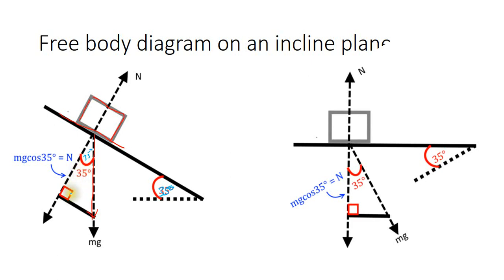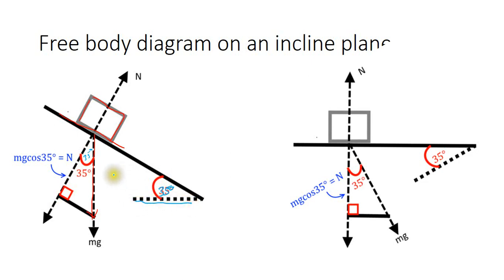What we want to tell you is that the angle formed between the weight and the vertical component of the weight is going to be the same angle that is between the incline and the horizontal surface.